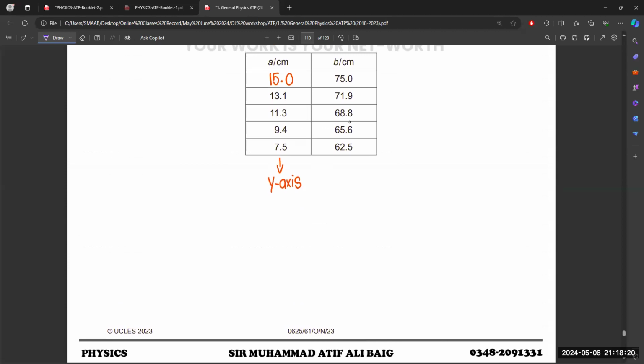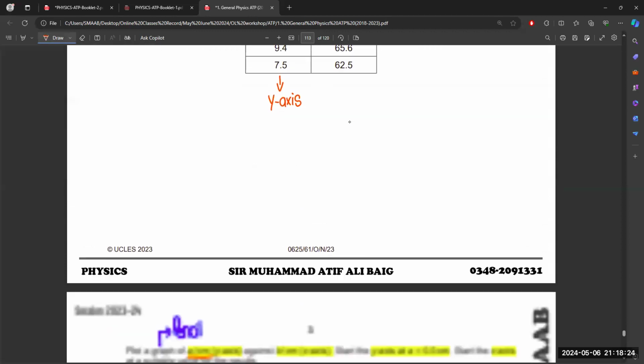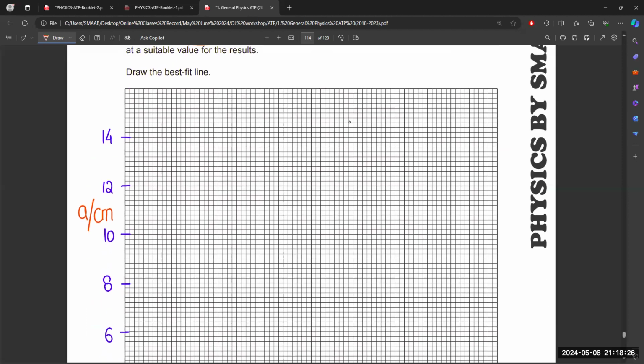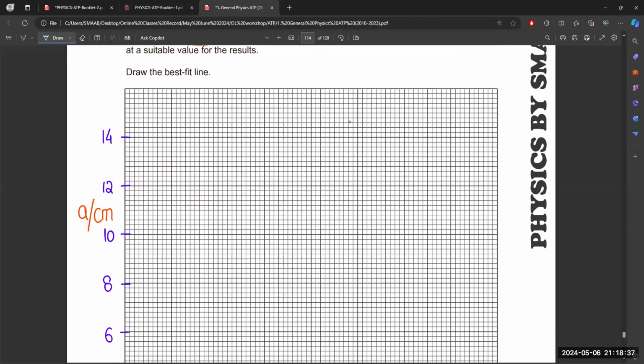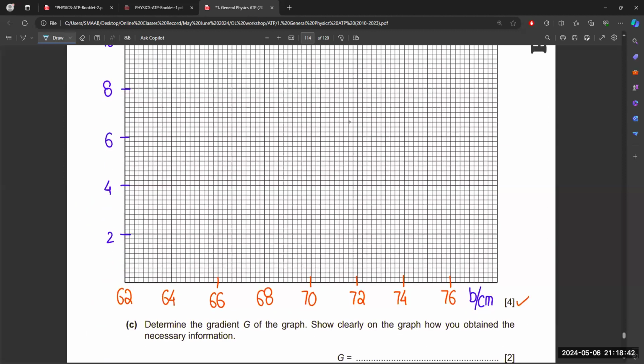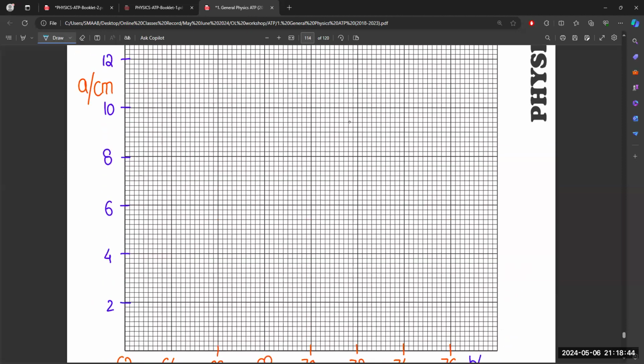Now let's start with 15, 75. 15 is over here. Let's mark it with a different color. So this is 15 and 75. 1, 2, 3, 4, 5.